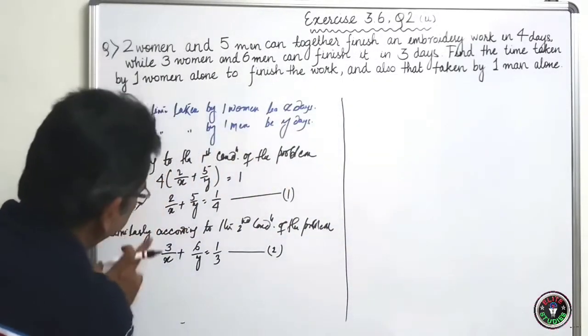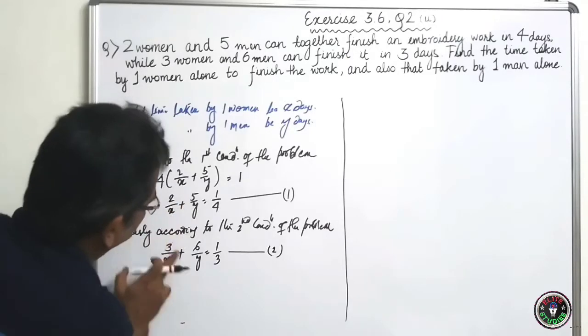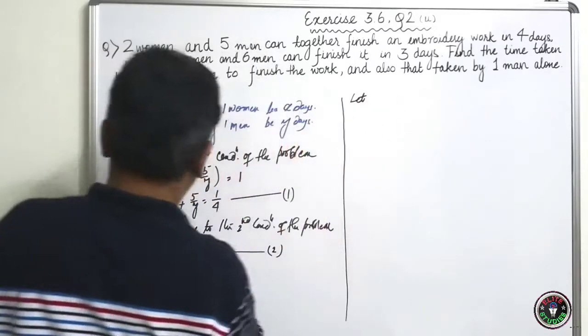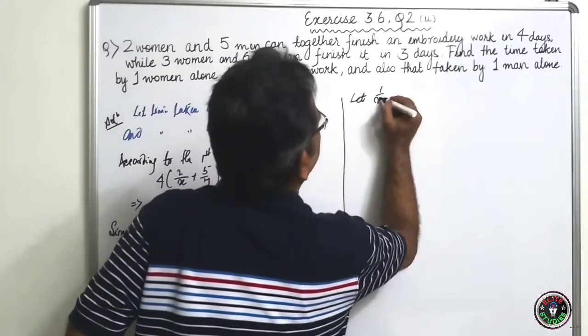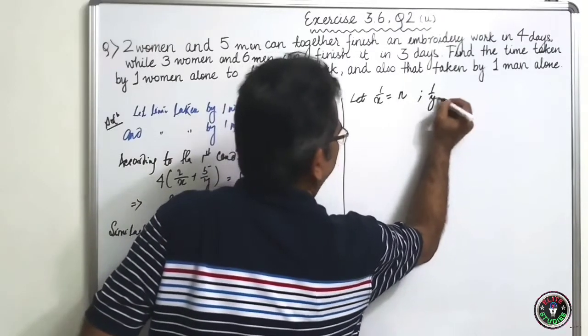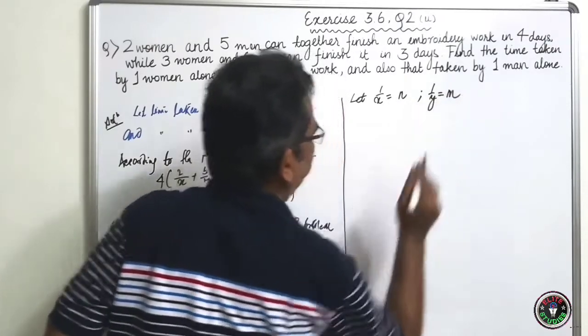So here it is 1 by x, here it is also 1 by x, here it is 1 by y, here also it is 1 by y. So let 1 by x be equal to n and 1 by y be equal to m.